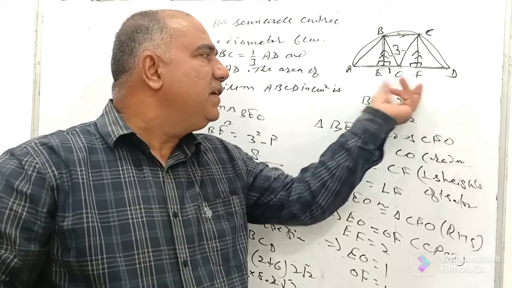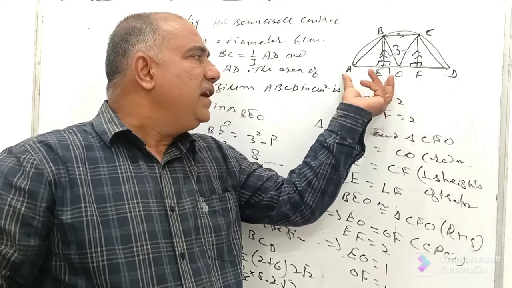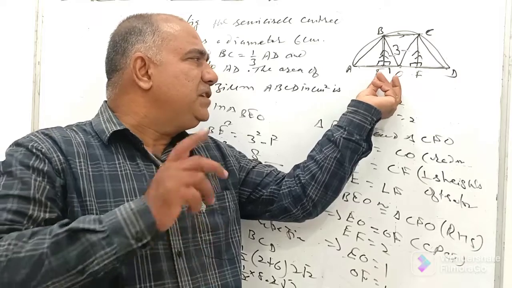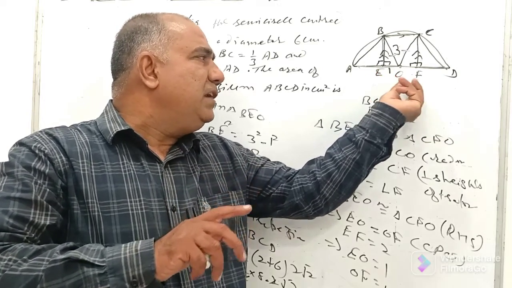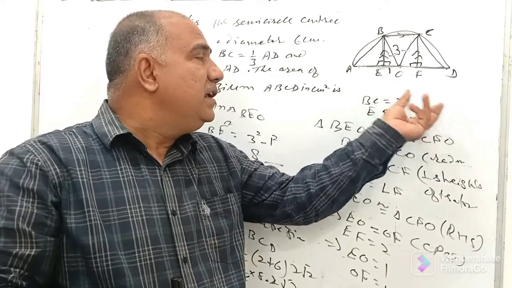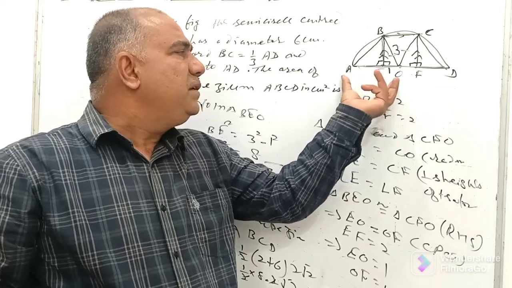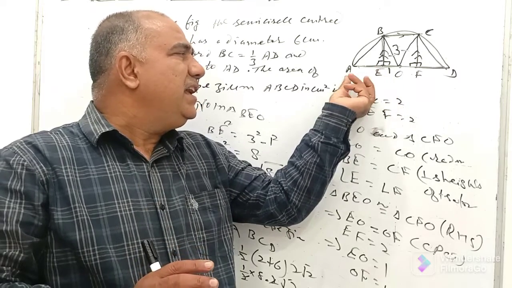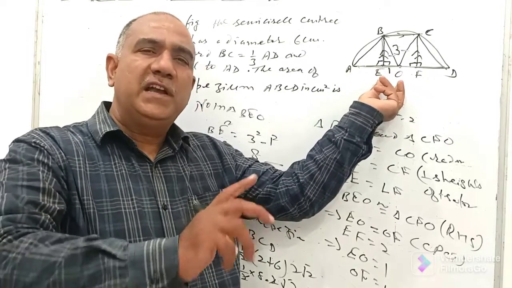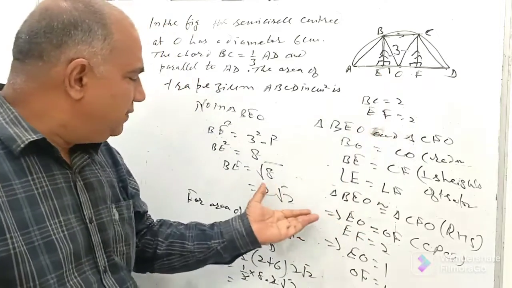Why are they equal? Because AO is equal to OD and OE is equal to OF, and when we subtract EO from AO and OF from OD, the remainders AE and FD will be equal. So this is equal to 2 and that is also equal to 2. Now if AO is equal to 3 and AE is equal to 2, EO is again 1. So this way also we could do it. Otherwise, what we have written is more than sufficient.